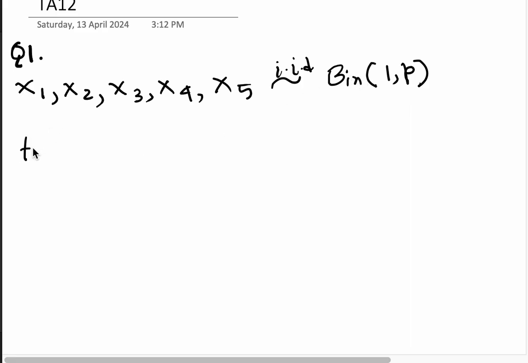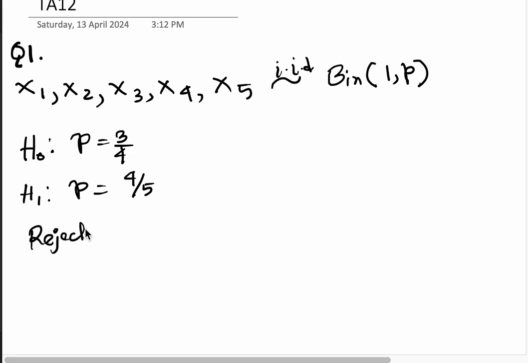To test the hypothesis, my null hypothesis is p is 3/4 and the alternative hypothesis is p is 4/5. Now consider the test. My test is: reject H0 if the summation of Xi from 1 to 5 is greater than 3.